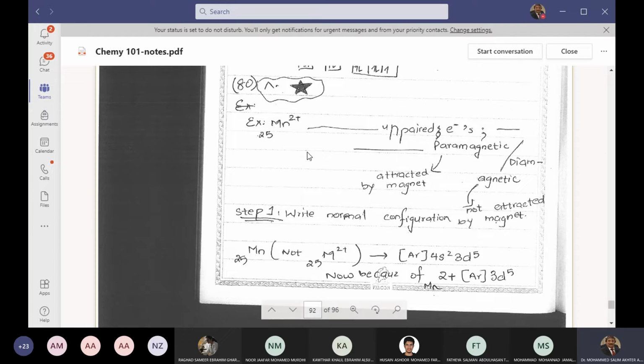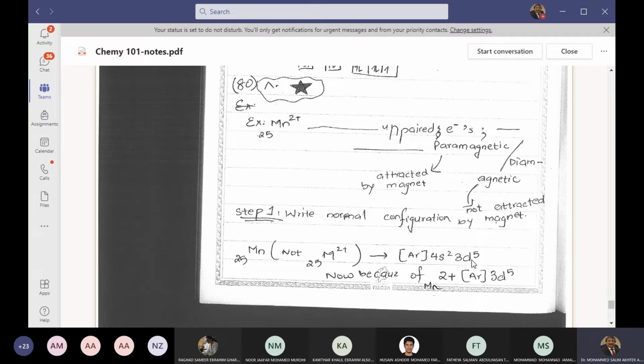So the first step, the question is how many unpaired electrons and whether it is paramagnetic or diamagnetic. Very simple. Write down the electron configuration for 25: Ar 4s2 3d5.